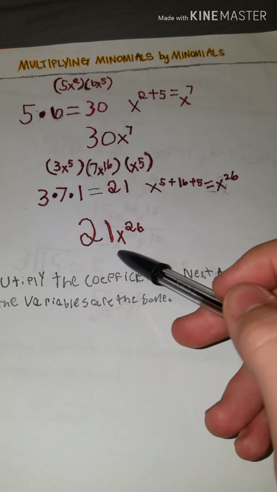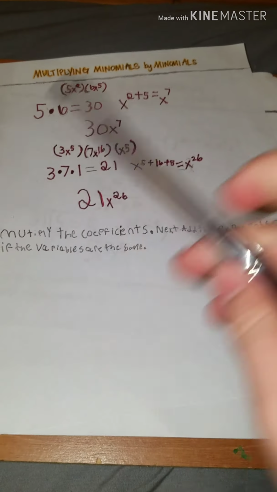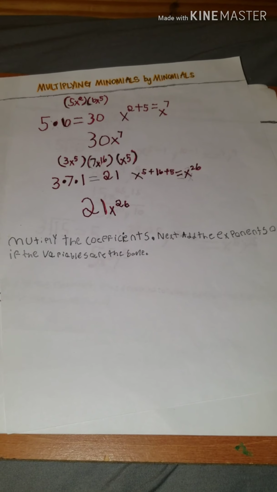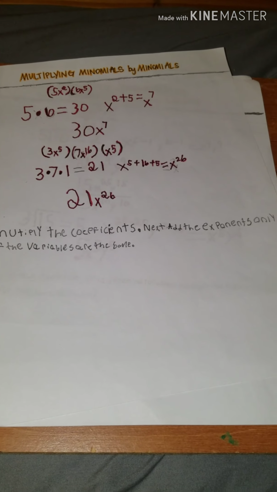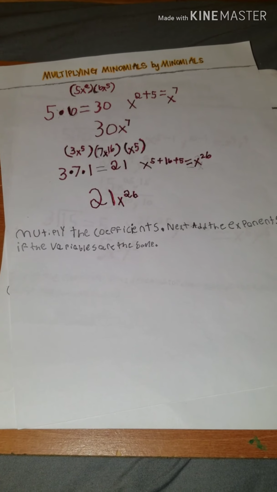So it would be 21x to the 26th power. So what you do here is you multiply the coefficients, next add the exponents, only if the variables are the same.